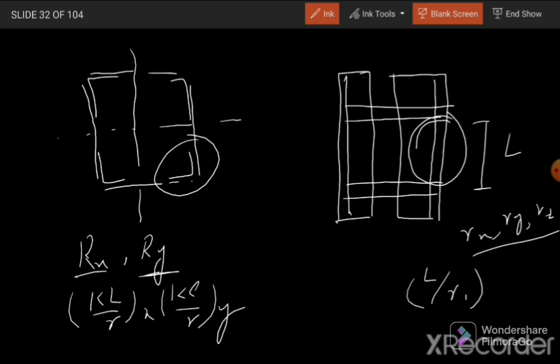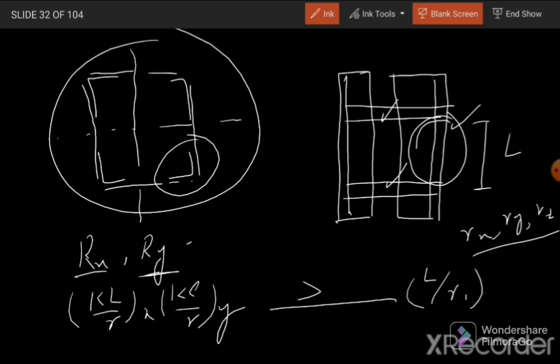So the slenderness ratio of this individual member should be less than the governing value out of these two slenderness ratios. So we need to design these tie plates, lacing elements or shear connectors in such a way that the slenderness ratio of this individual member is less than the governing slenderness ratio of the overall section.